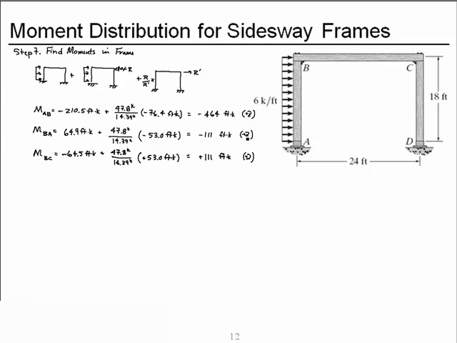And on either side of the node, since there's no applied couple moment to this frame, and there are only two members meeting at this node, we would expect these two to equal 0. That's a good check.